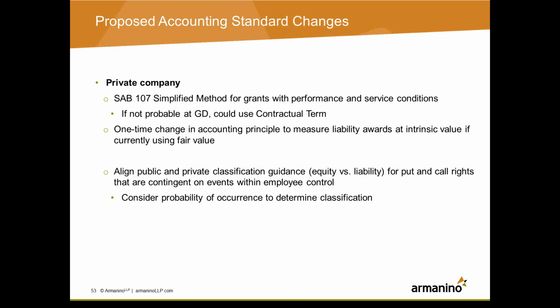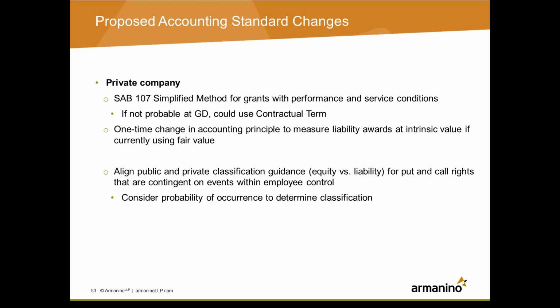The last piece is the aligning of public and private classification guidance, equity versus liability, and making that consistent and considering the probability of occurrence to determine the classification, as opposed to just having to decide one way or the other.